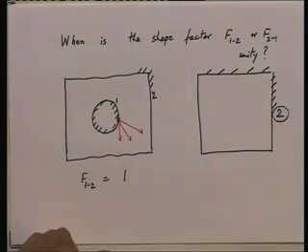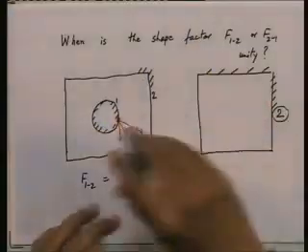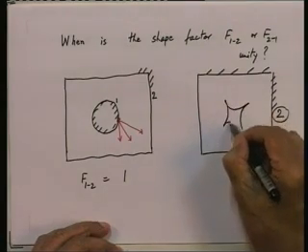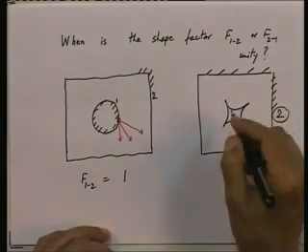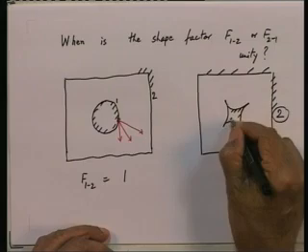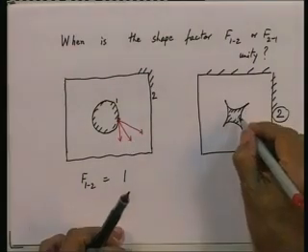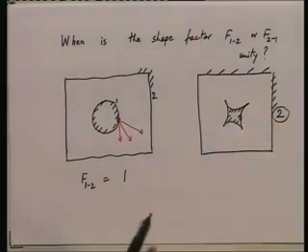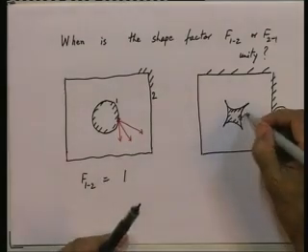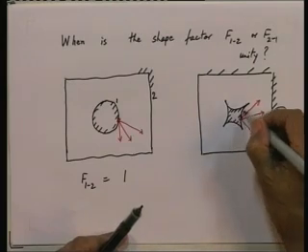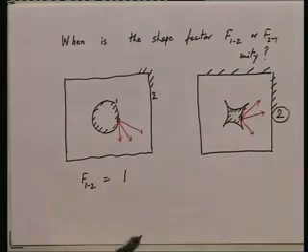But consider that surface 1, instead of being convex as a spherical shape is, had some shape like this. Now, you can see if I take an element on this surface, radiation going out from this element, any element like this, some of it will go and hit the surface 1 itself.